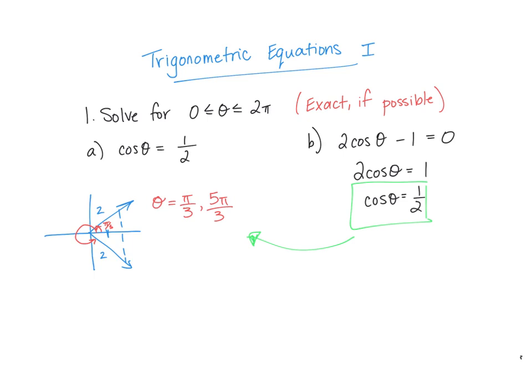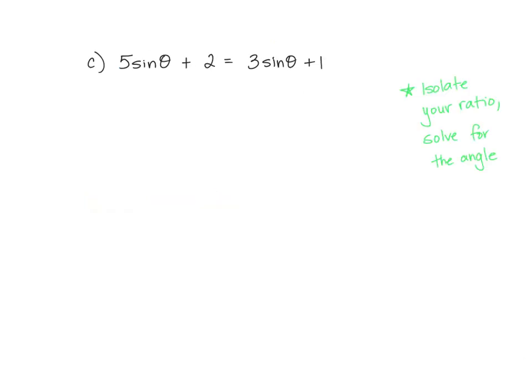So we're trying to get down to that trig ratio. Again, my instructions for you are: isolate your ratio, which is what we just did in example B, and solve for the angle. I'm going to give you a moment or two to write this out.